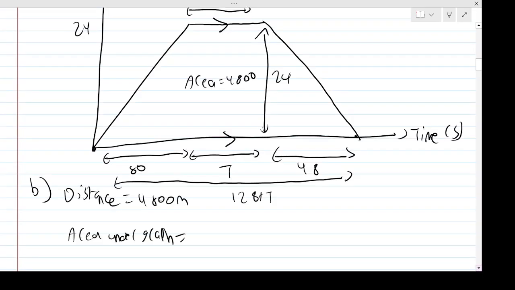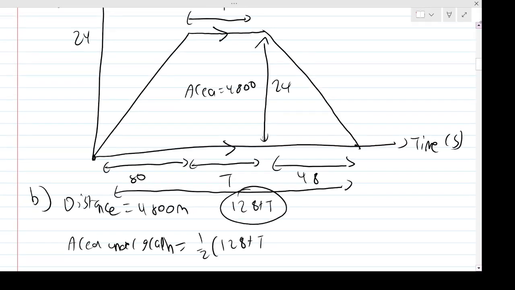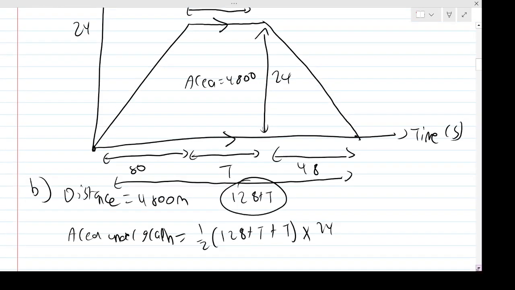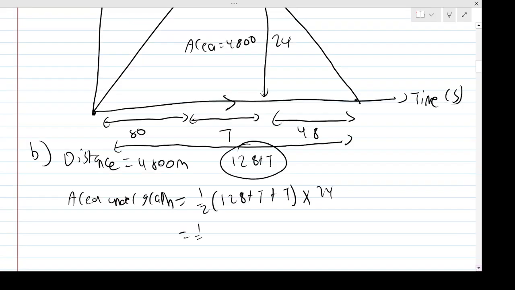Now I can start to work out the area under the graph. That's the area of a trapezium, which is half of the two parallel sides added: 128 add t, add another t because that's the top side, times by the height of 24. If we simplify, that's a half of 128 add 2t, times 24.